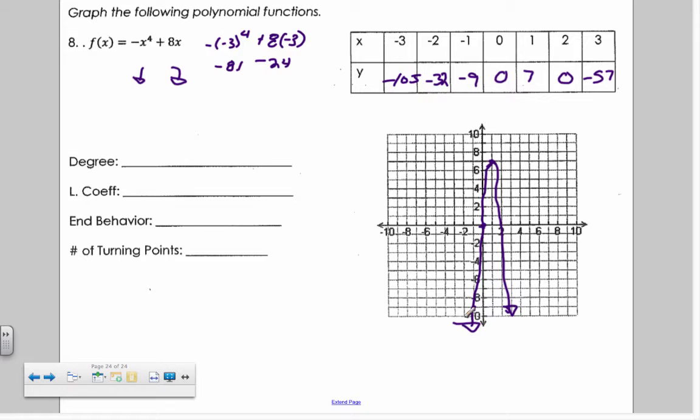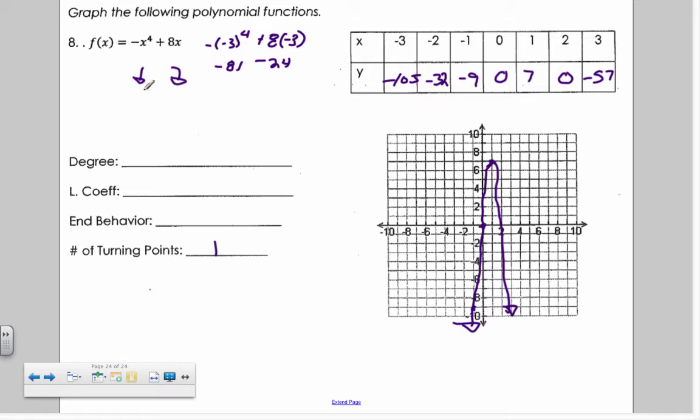But if you take a look at it, it looks like a parabola. And it looks like the maximum number of turns we have is only one turn up here, what looks like the vertex. So remember that when you are graphing a polynomial function, it can have a maximum of, in this case, 3 turns, but in the one we're graphing it looks like it only has one turning point.